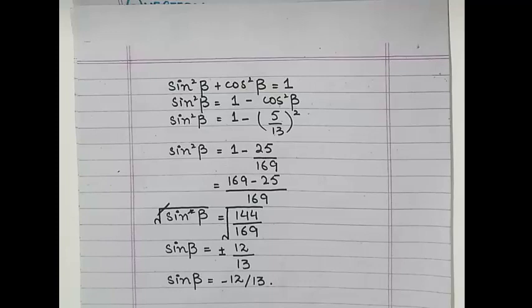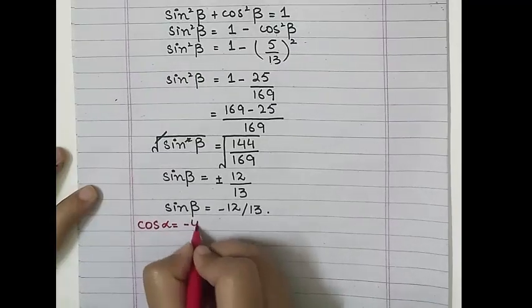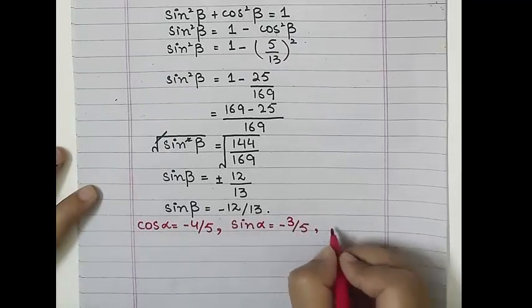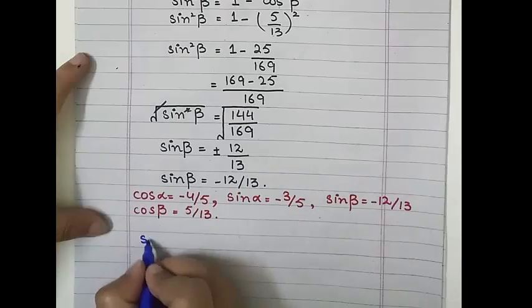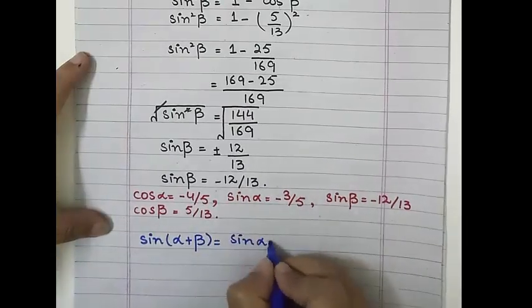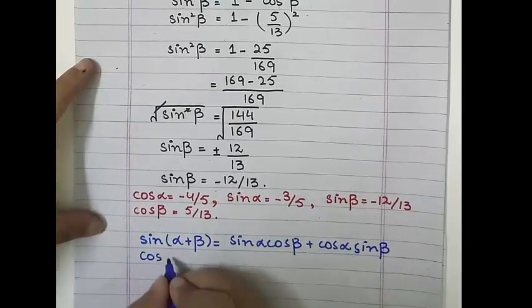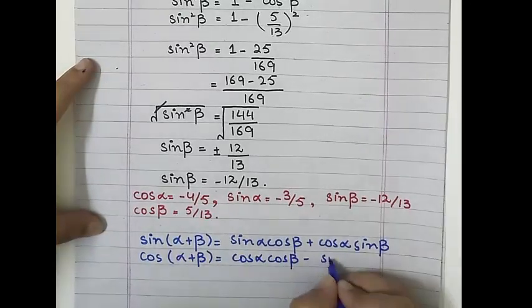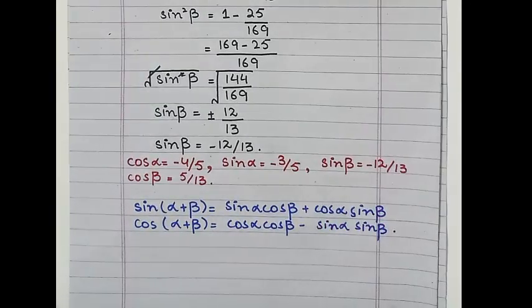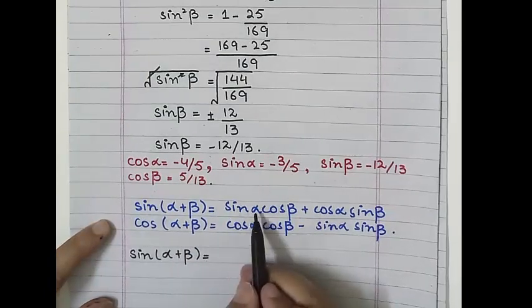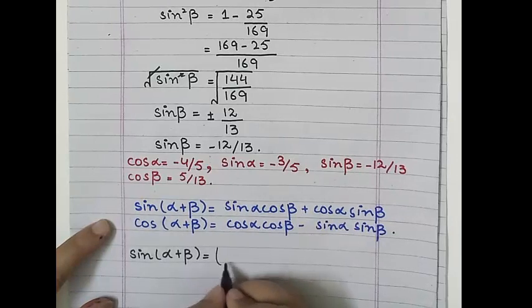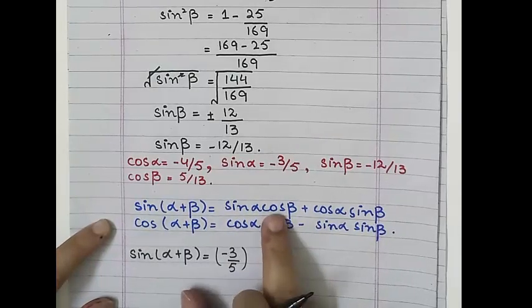So first write all of these values and then we will put them in the formula. So now putting the values, sin alpha plus beta is equal to sin alpha. The value of sin alpha is minus 3 over 5 into cos beta.